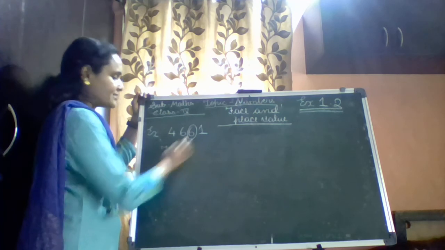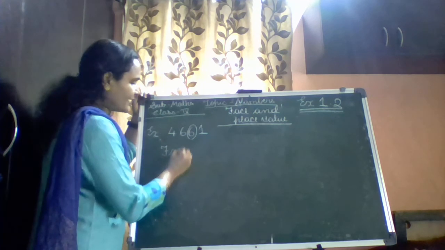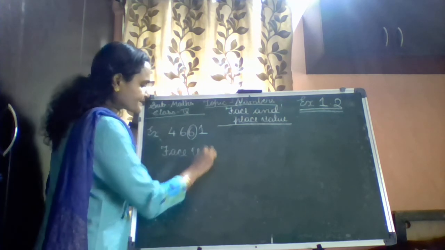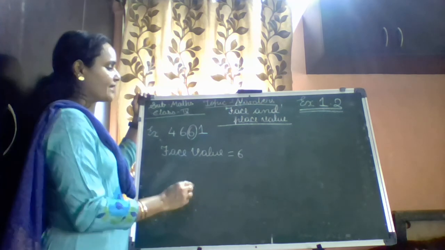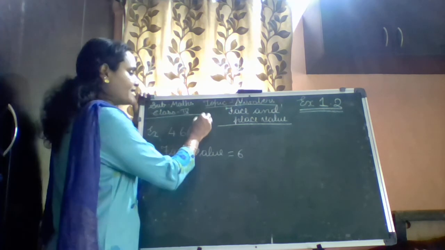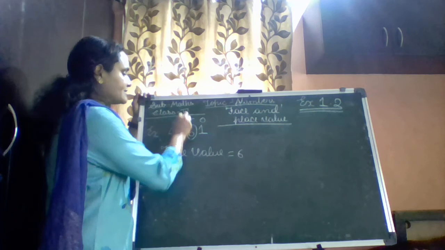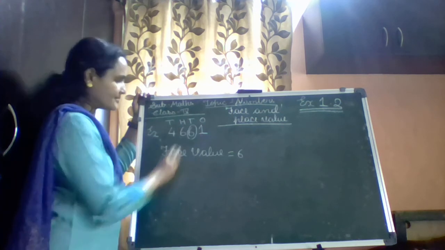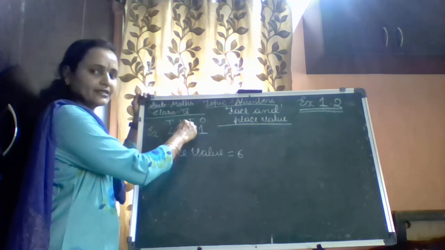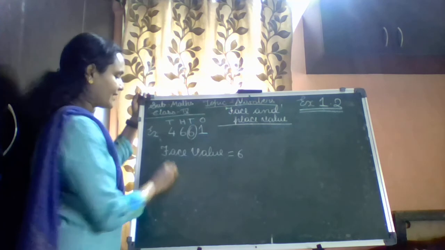I'm asking about 6, no? So the face value will be 6 and the place value. How do you find the place value? Write the place values here: ones, tens, hundred and thousand. So the place value is 10. 6 is under 10, no? So the place value will be 10.